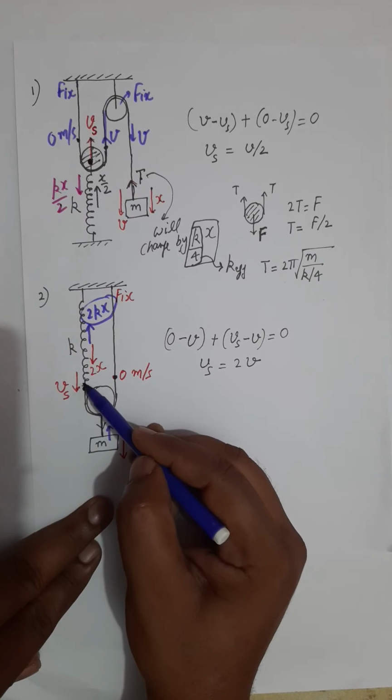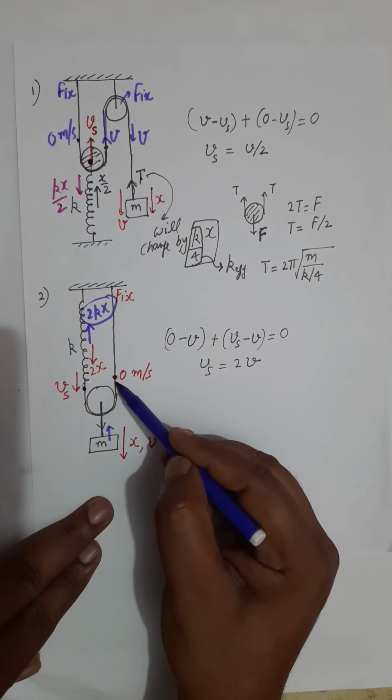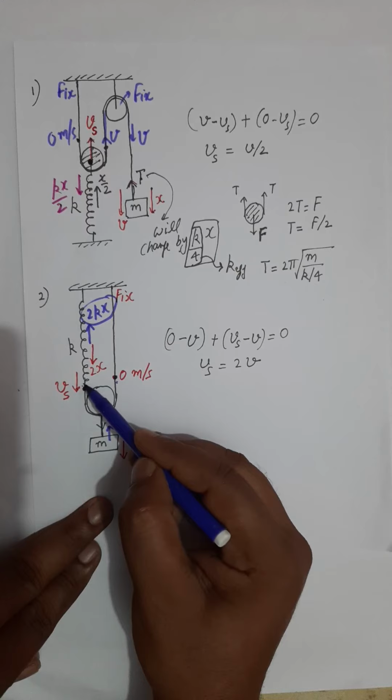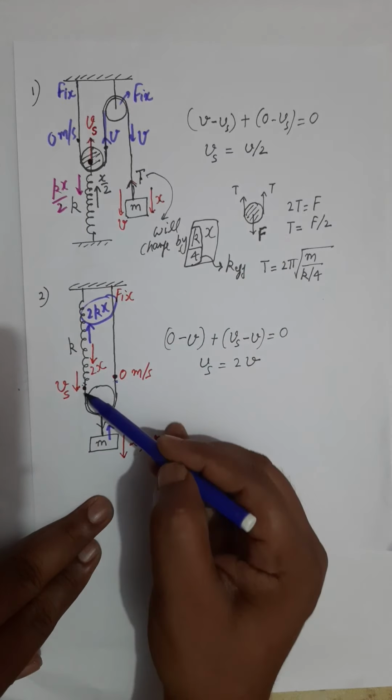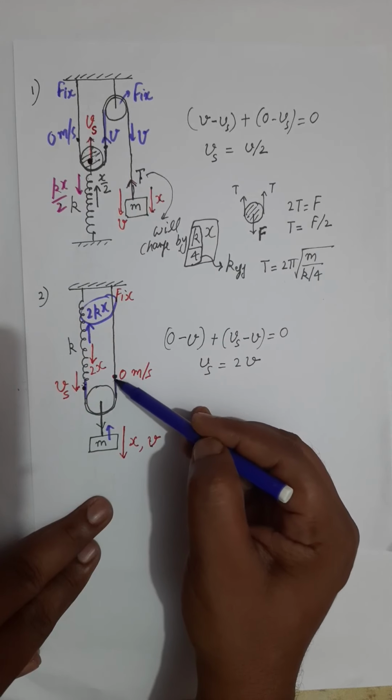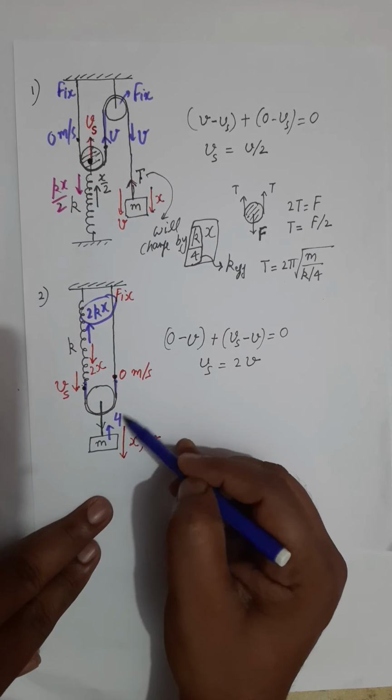Notice that if 2kx is the force in this part, 2kx will be on this side, so total force will be 4kx. And by this concept of pulley, if I get 2kx on this side, 2kx on the other side, I will get 4kx on the block.